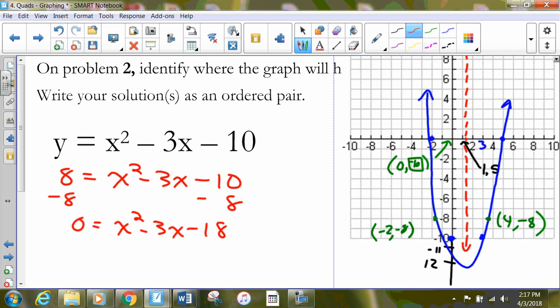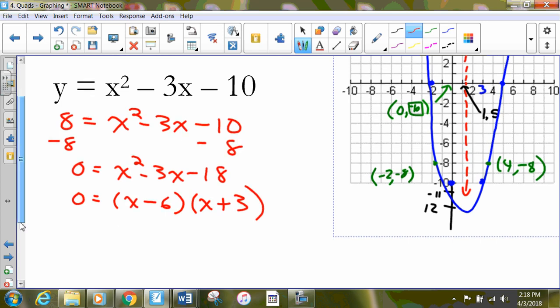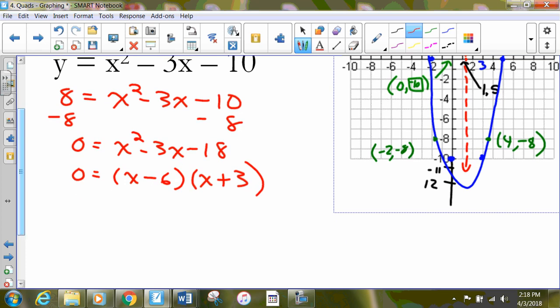So I brought the -8 over, and now let's go ahead and factor. How about x minus 6, x plus 3? Does that work? -6 times 3 is -18. -6 plus 3 is -3. That works. Now we can use the multiplicative property of 0 and set them both equal to 0, and solve for x.